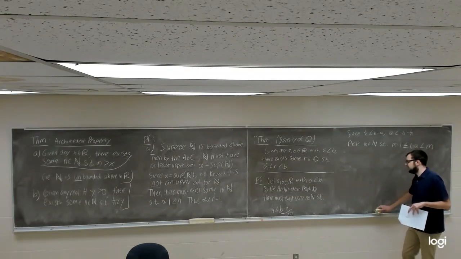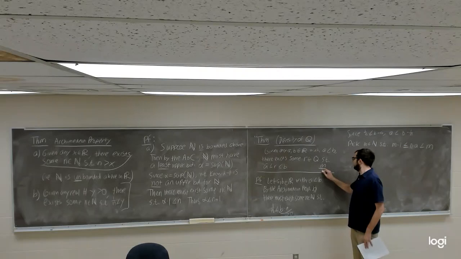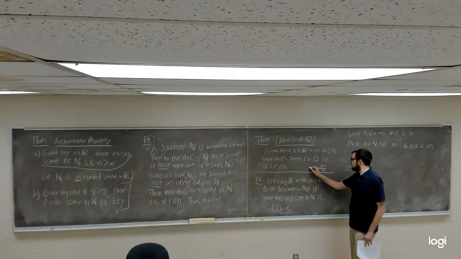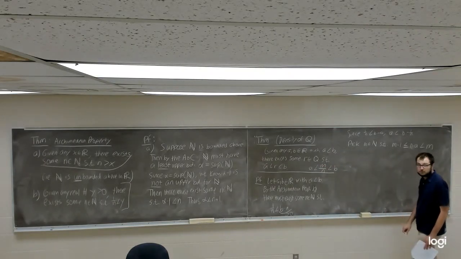And it's going to turn out that the rational number r that we're going to use is m divided by n. So let's see if we can prove that m divided by n has to be strictly in between a and b.